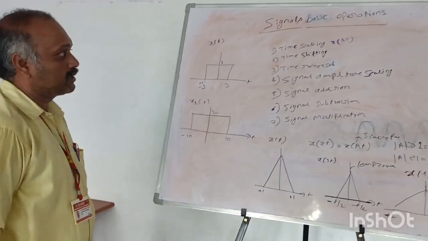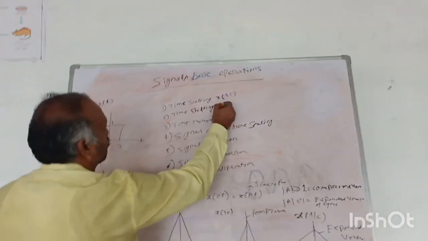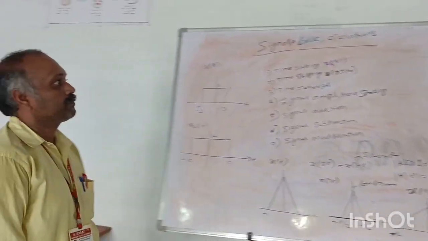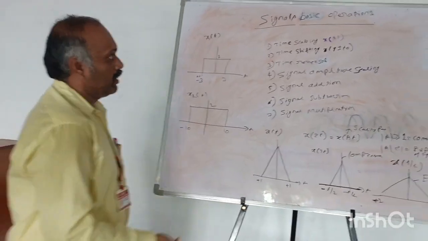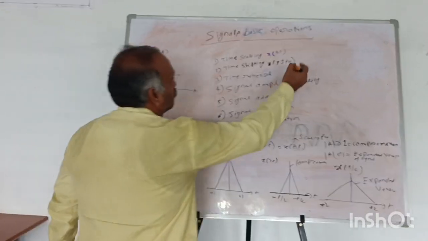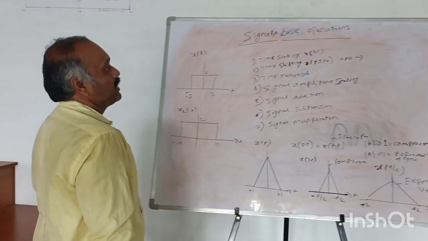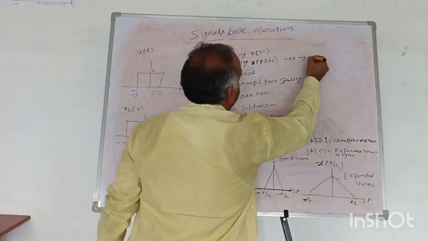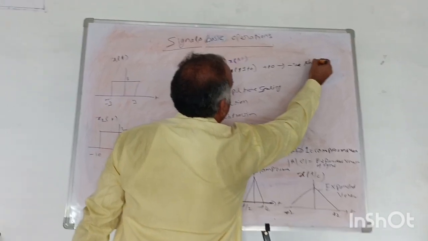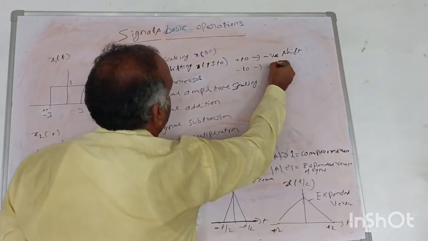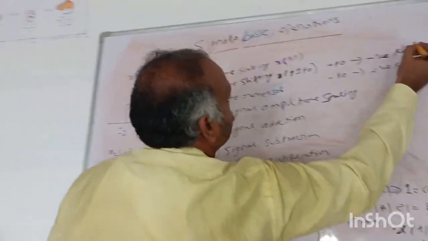Then the time shifting operation. We write it as x of t plus or minus t naught. If it is plus t naught, it is a negative shift, and if it is minus t naught, it is a positive shift.